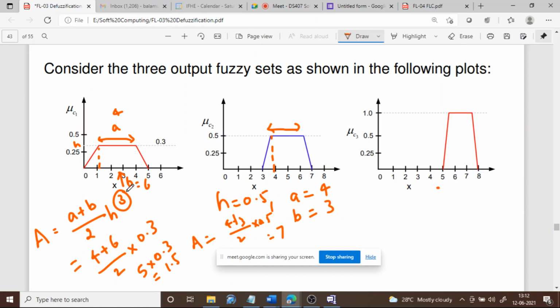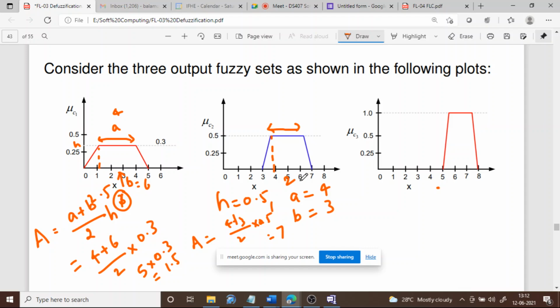Okay, or it's not 3, it is 2.5. You can say this is 2.5 because totally there are 5 things. 5 by 2 is 2.5. Here you have basically the height of this base divided by 2. The height is 4. 4 by 2 is 2. So here the midpoint is 2.